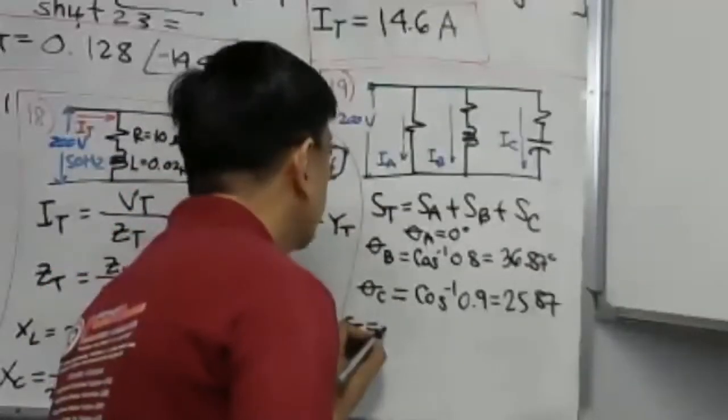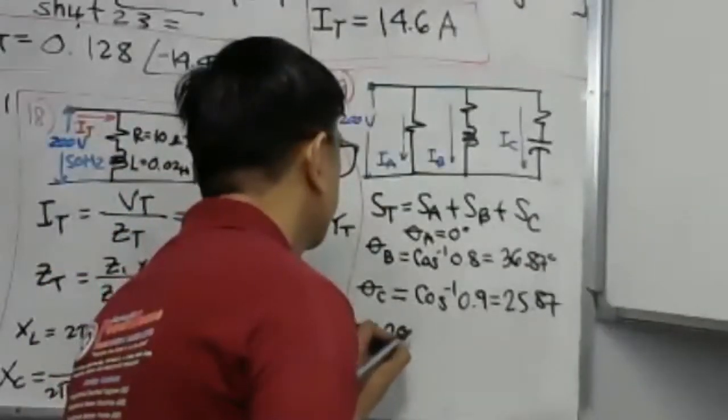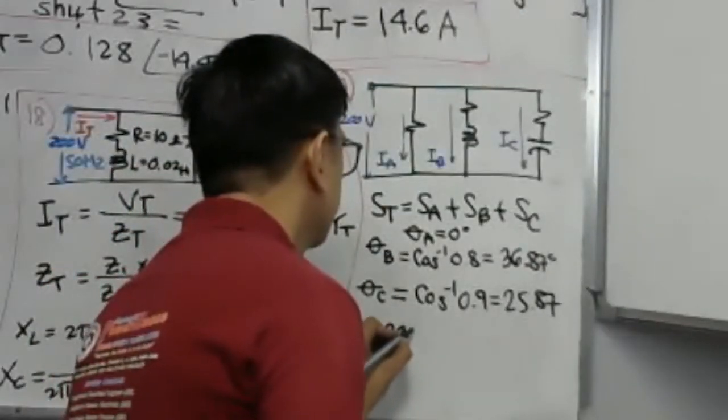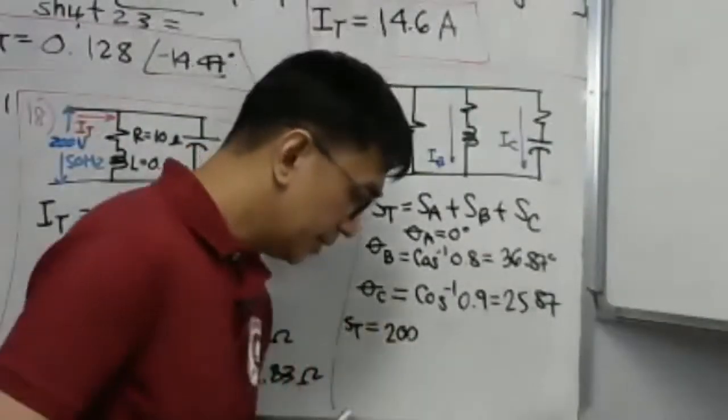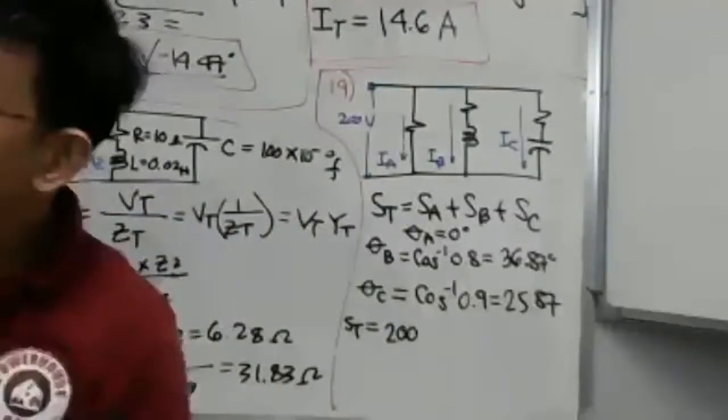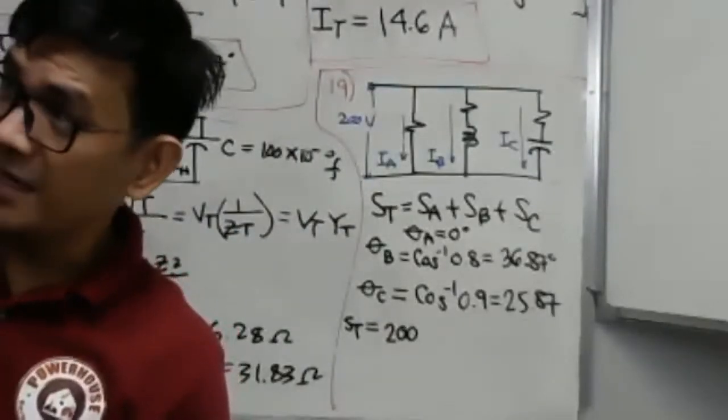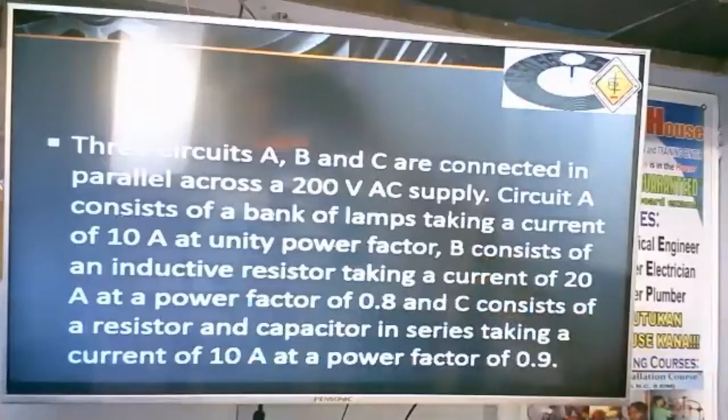For SA, we have 200 multiplied by the current for circuit A, which is 10.